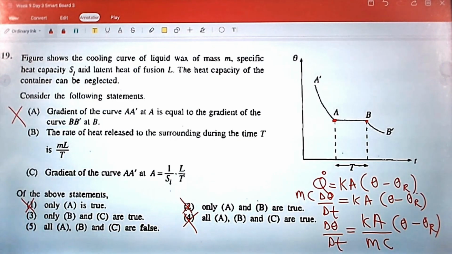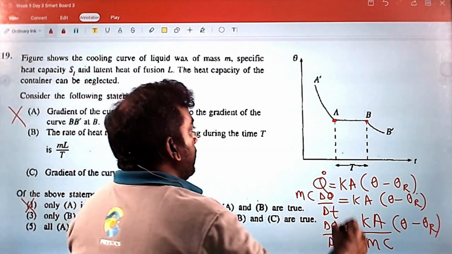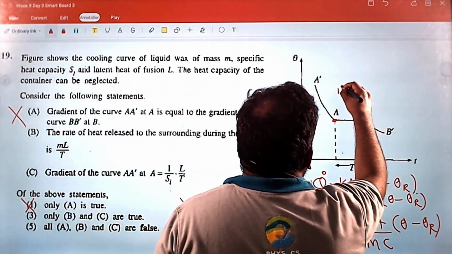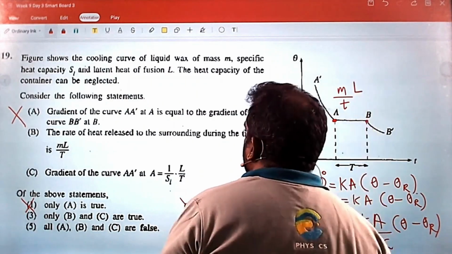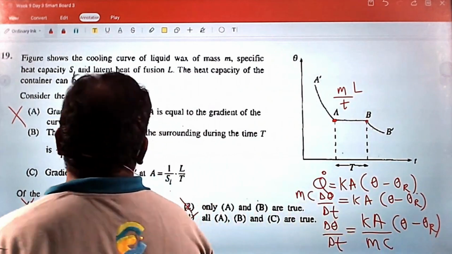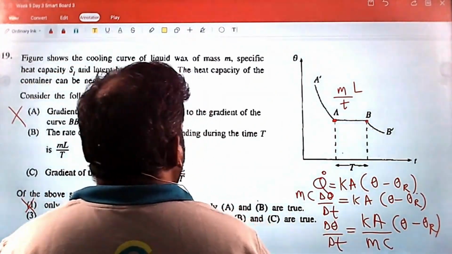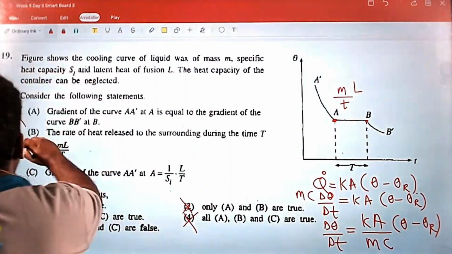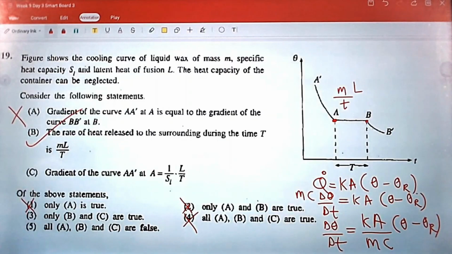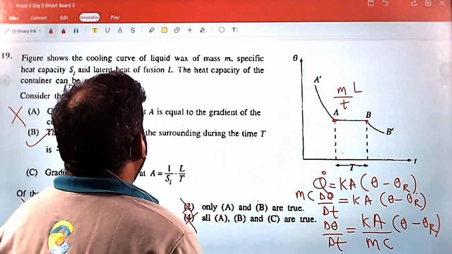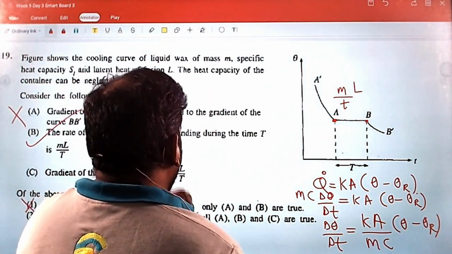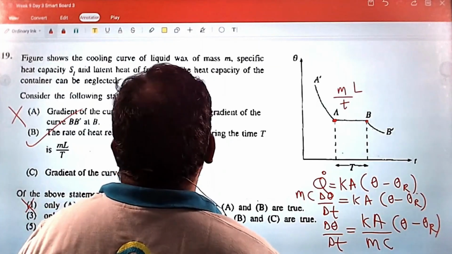The rate of heat released to the surroundings during capital T. So here the temperature is constant. Fusion will take place, M over T times L. ML over T, which is correct. Gradient of the curve at A A dash: here you can write the basic relationship.